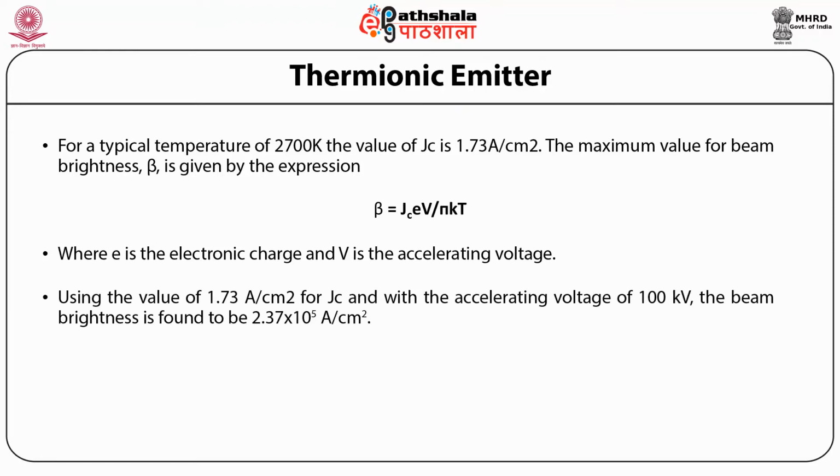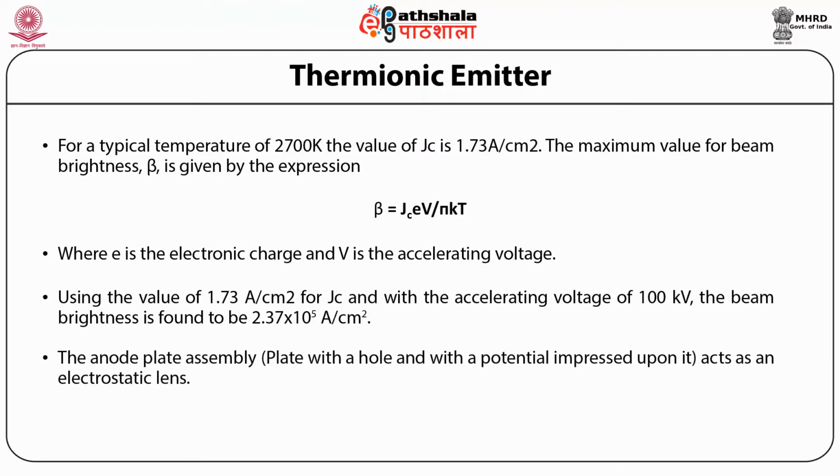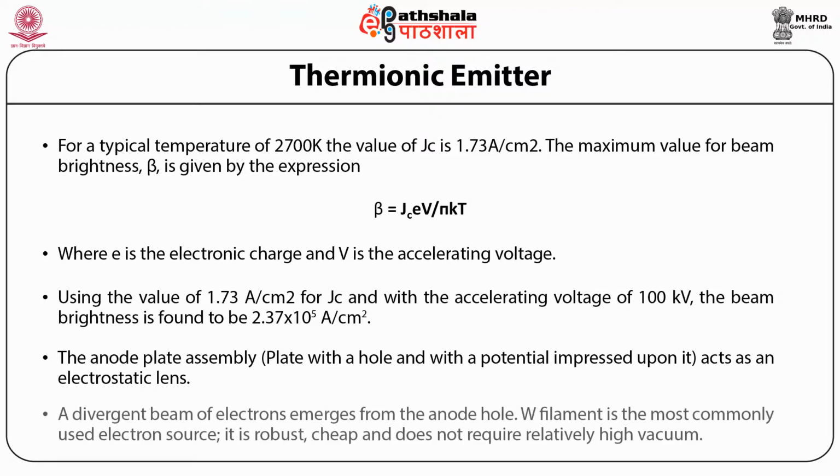Using the value of 1.73 ampere per centimeter square for Jc and with the accelerating voltage of 100 kilovolt, the beam brightness is found to be 2.37 into 10 raised to 5 ampere per centimeter square. The anode plate assembly acts as an electrostatic lens. A divergent beam of electrons emerges from the anode hole.